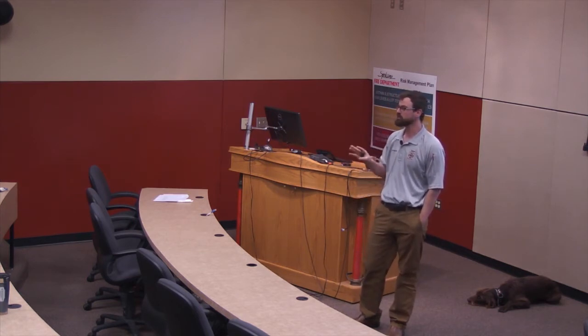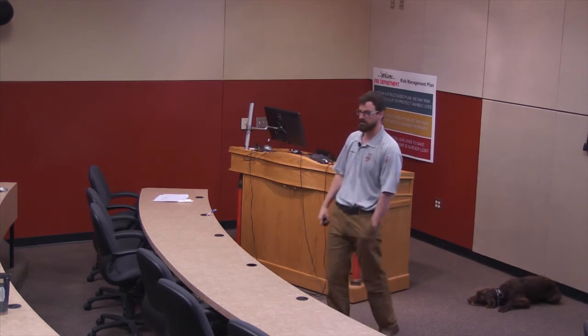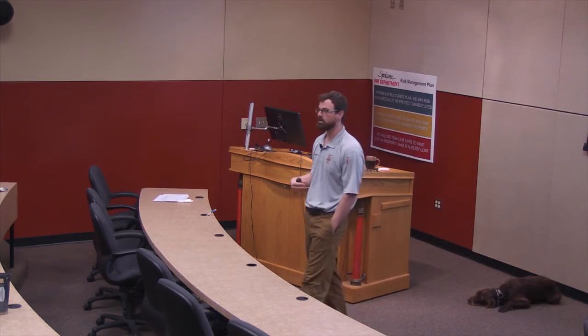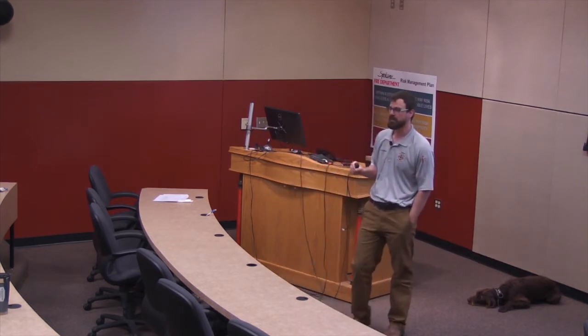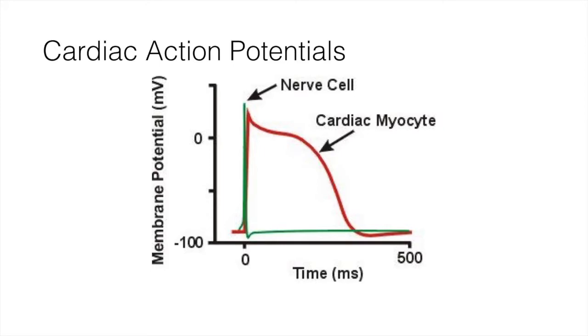If my skeletal muscles are not totally up to par on muscle signaling, then I might be a little slow to get out of bed that morning, right? If my gut isn't quite operating the way it should, I might get a little bit of constipation or diarrhea. But if my nerve cells are altered, then I get seizures, okay? And if my cardiac myocytes are altered, then I get arrhythmias, okay?